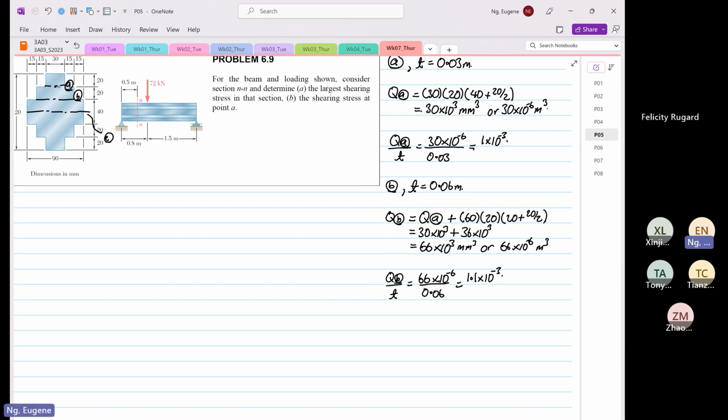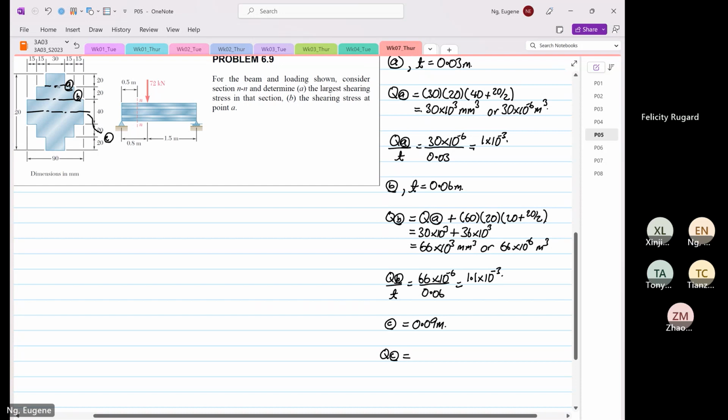Finally, we take it at the neutral axis. So at point C, now the thickness is equal to what? 30 on each side, so it's 0.09 meters now. So Q at point C is equal to Q at point B plus the width, which is 90.